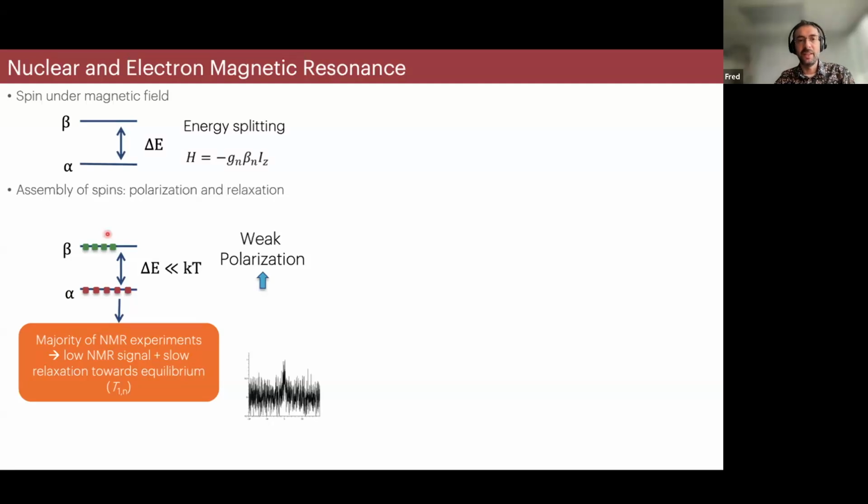This is actually the case in many NMR experiments. The consequence is that if you look at protons in the liquid state, often the signals are of low intensity, and therefore the signal to noise ratio is low. Another consequence is that you have slower relaxation times, and therefore recycling delays tend to be longer.